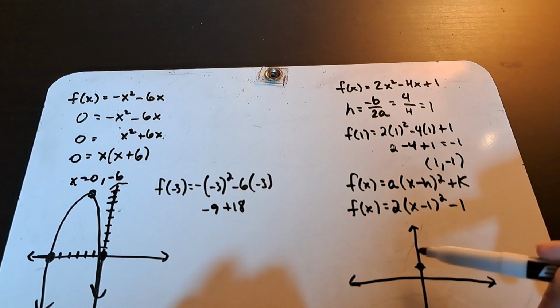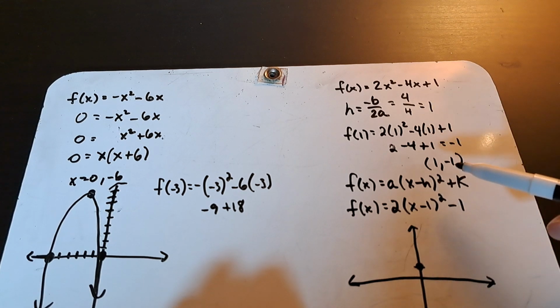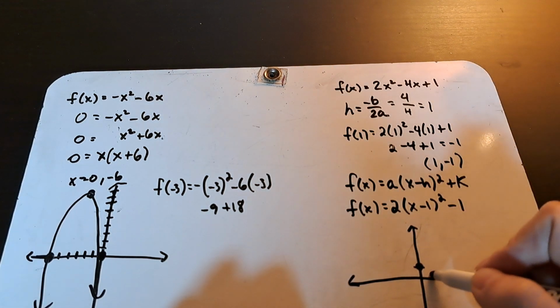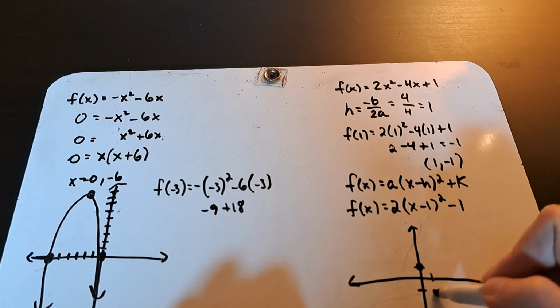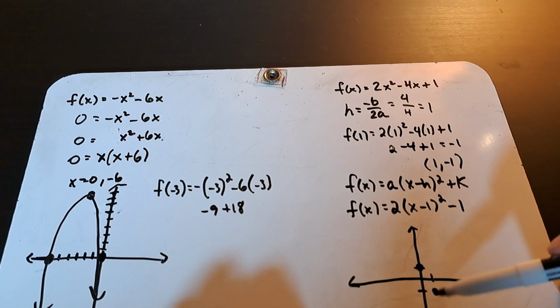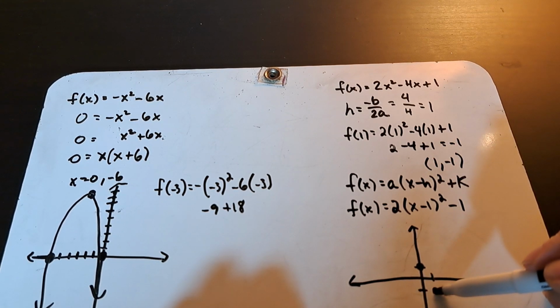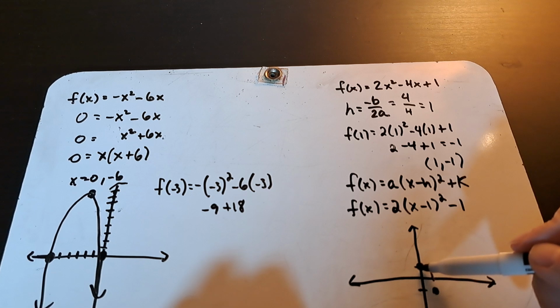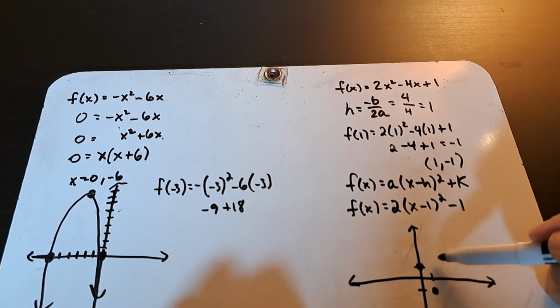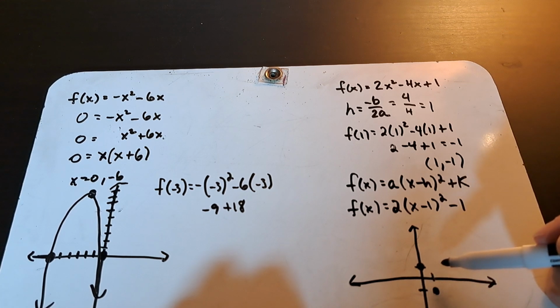So I know I have a point there. And now I have the vertex from what I had previously. The vertex is going to be at 1, negative 1. Well, because this vertex gives me an axis of symmetry, what this tells me is that if I move from the vertex to this point, the same distance in the opposite direction, it's going to give me the coordinate for the next point.